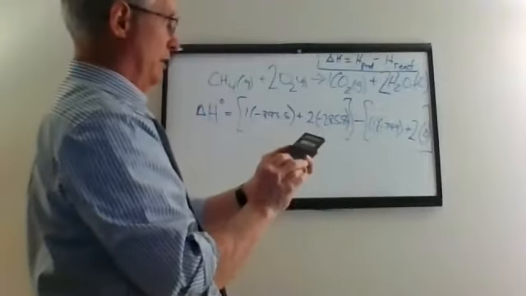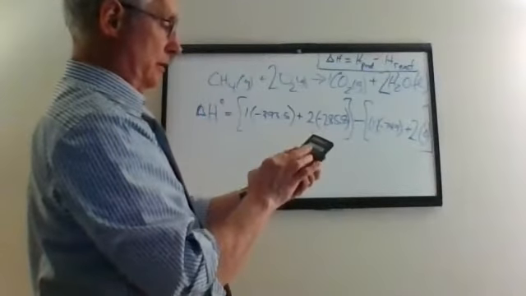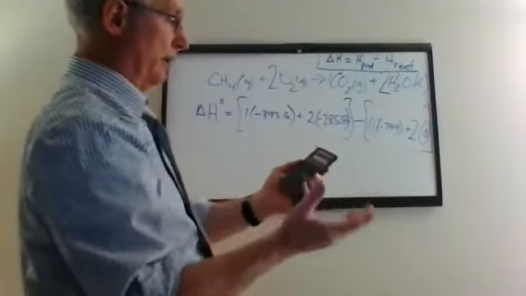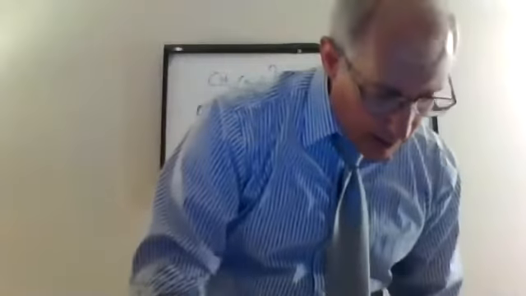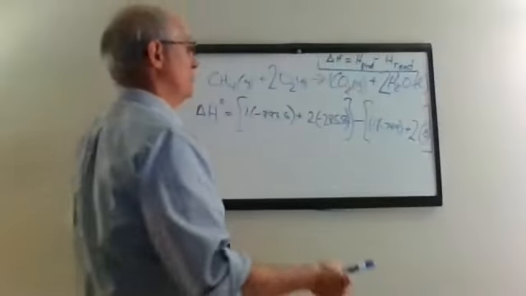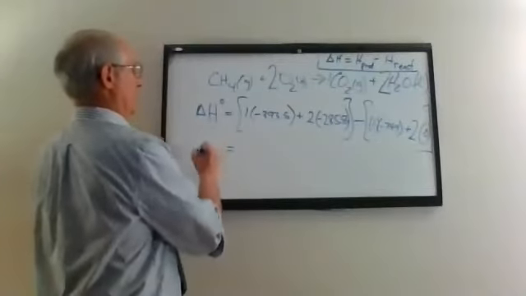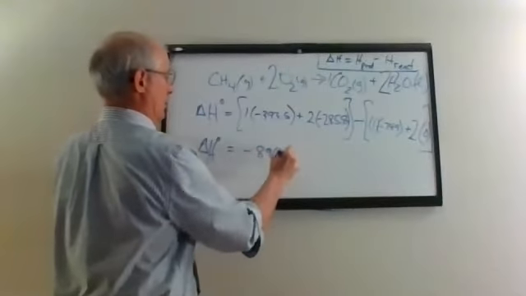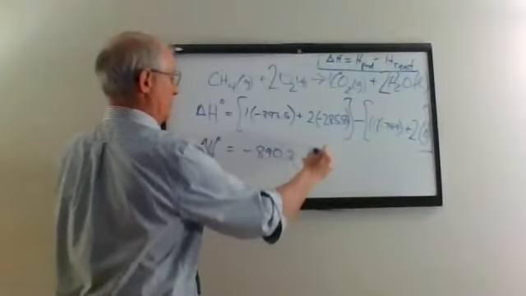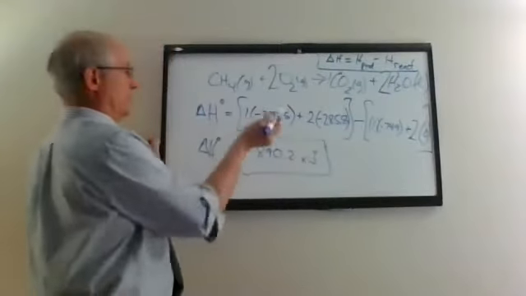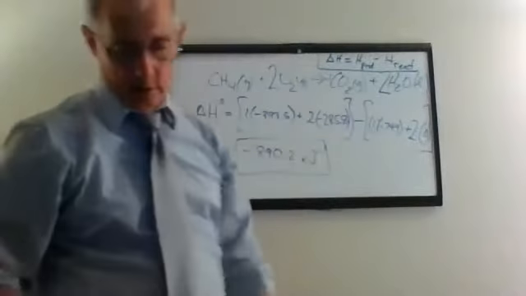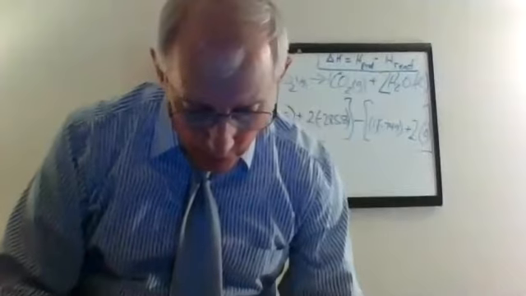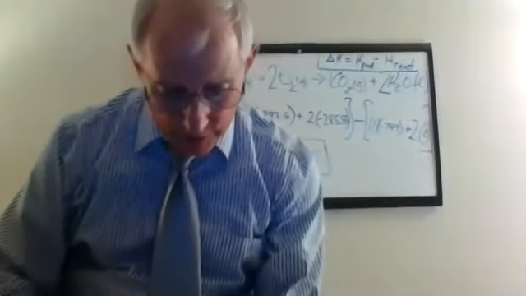So we'll add 74.9 and we're going to get negative 890.2. And the answer is negative 890.2 kilojoules. That's the heat of reaction for that equation. All right, let's go on over to sample problem C on page 513.